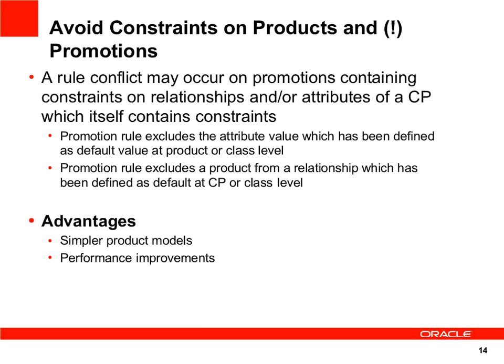For instance, the promotion rule excludes the attribute value which has been defined as default value at product or class level. Or a promotion rule excludes a product from a relationship which has been defined as a default at customized product level or class level. And you also have to think about what happens if you change the product definition later.